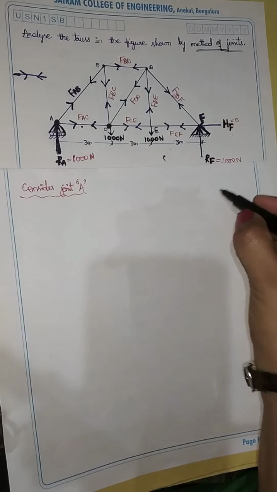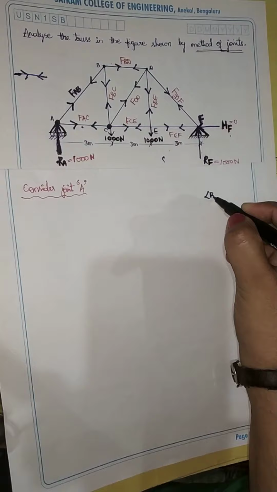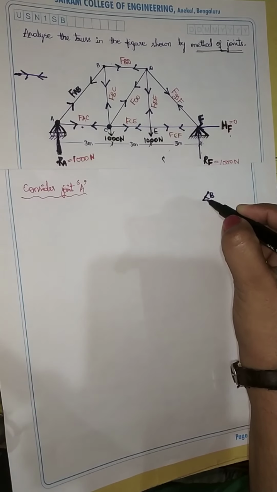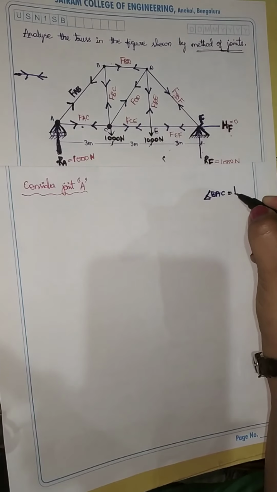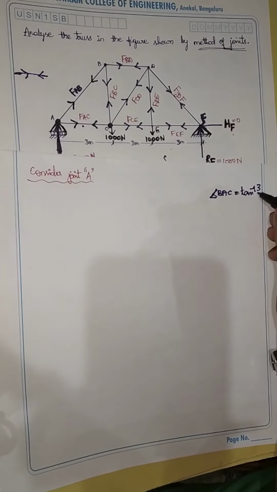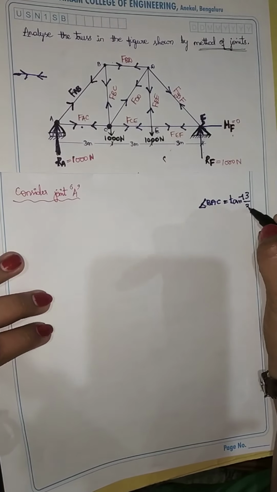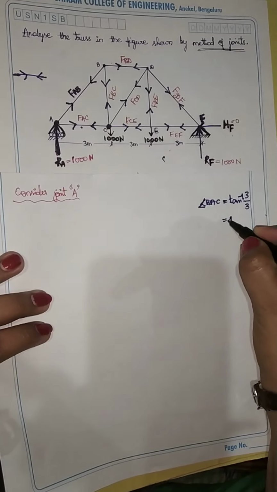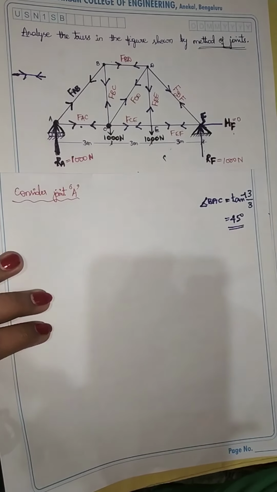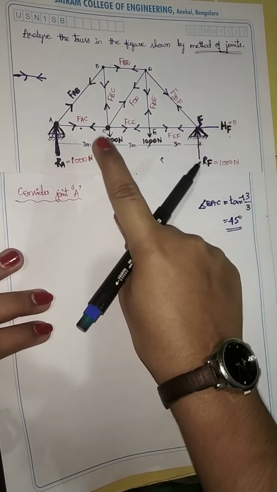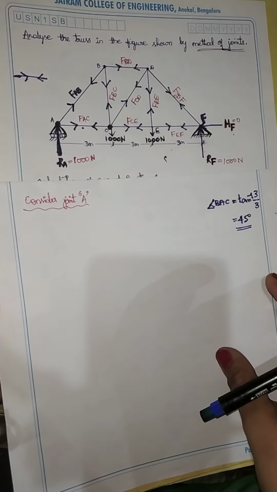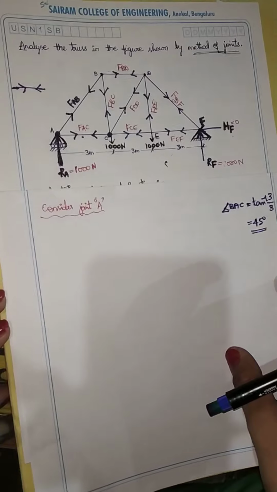Angle BAC is equal to tan inverse of 3 by 3, that is 45 degrees. So this angle will be 45, and here also it will be 45 degrees. So we got the angle now.